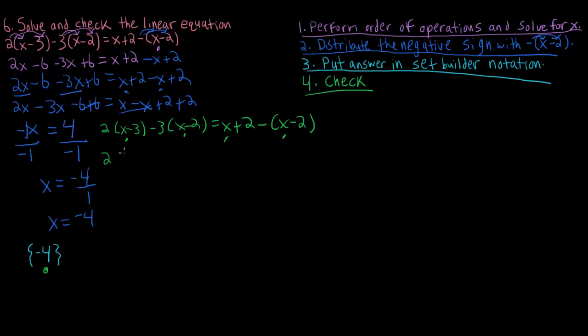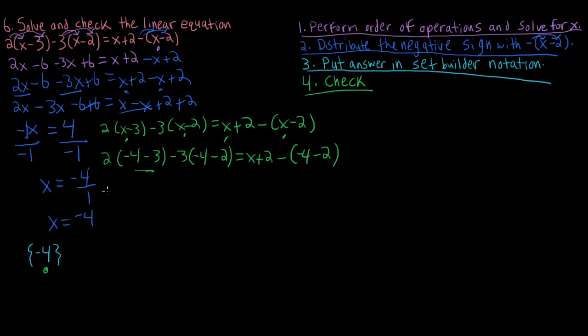So it's 2(negative 4 minus 3) minus 3(negative 4 minus 2) equals x plus 2 minus (negative 4 minus 2). And we just go ahead and use order of operations to simplify.